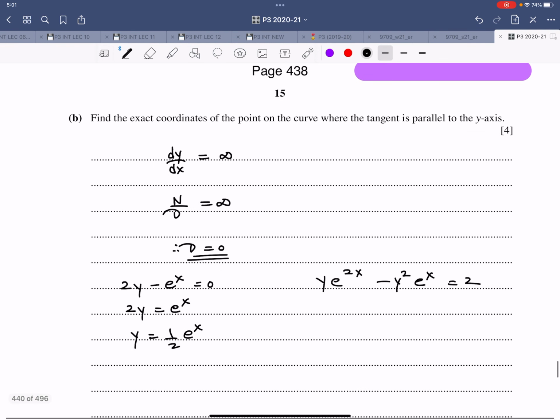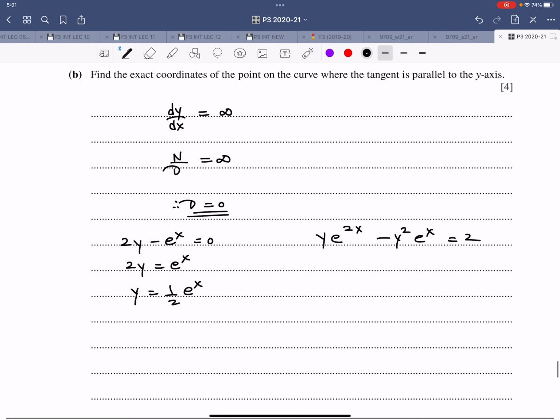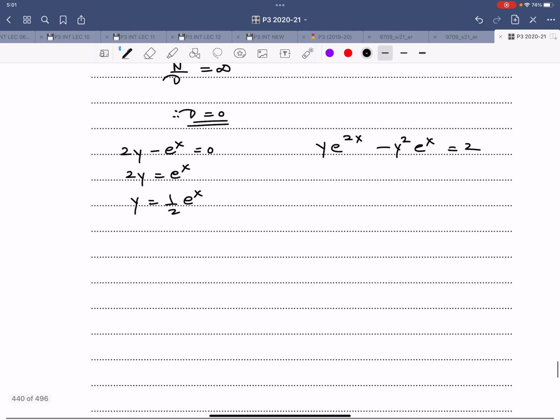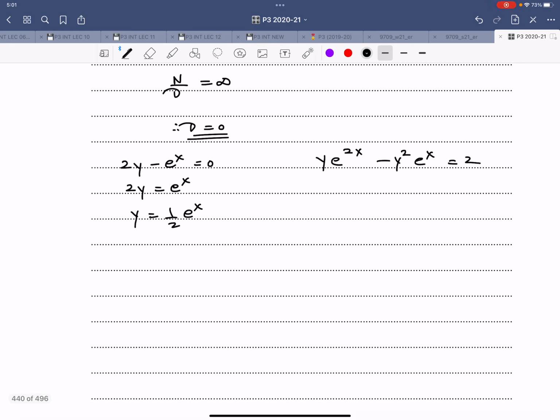Exact coordinates of the curve. They're asking for the x coordinate, so it's your choice. Let me substitute y. So this is half e^x multiplied with e^(2x) minus half e^x, another half e^x, multiplied by e^x equals 2.